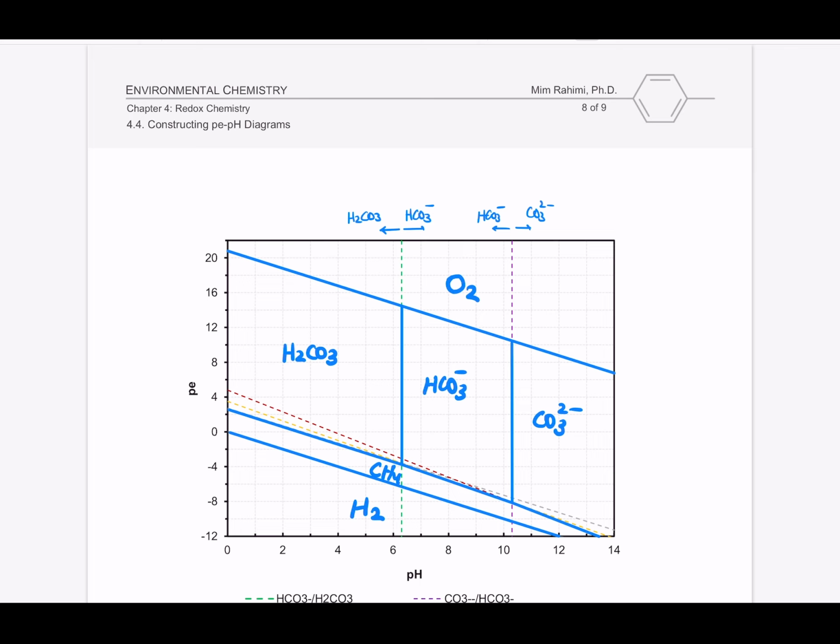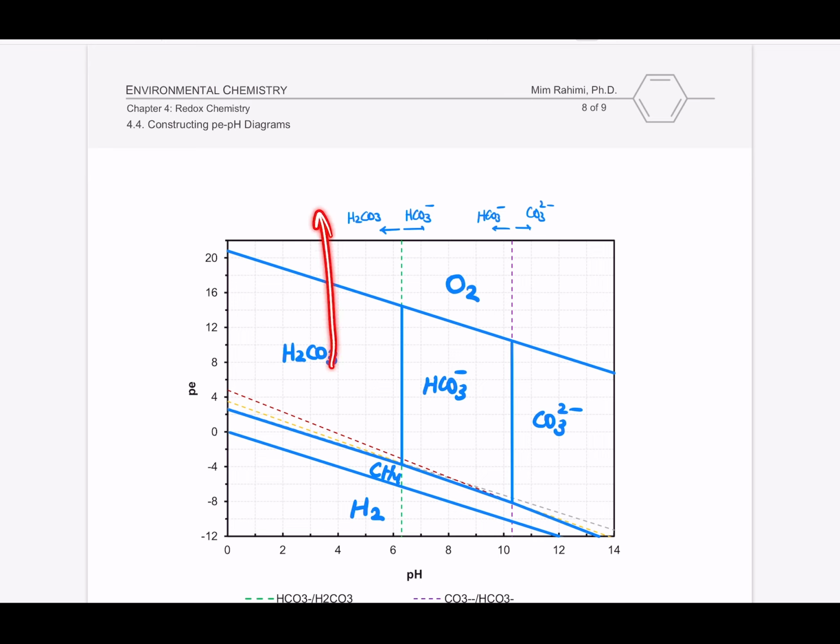So it's dividing the whole region into 1, 2, 3, 4, 5, 6 different zones. In each zone, one species is dominant. So if you want to go between carbonic acid, bicarbonate, and carbonate, you just need to change the pH. You can't go between them by changing the electron activity, right?